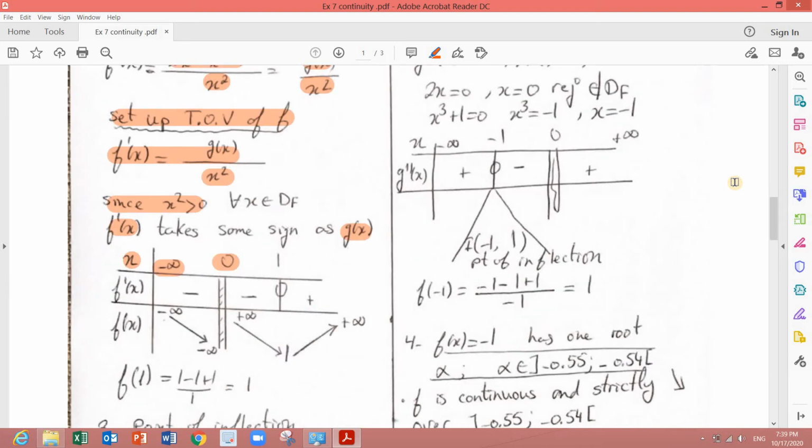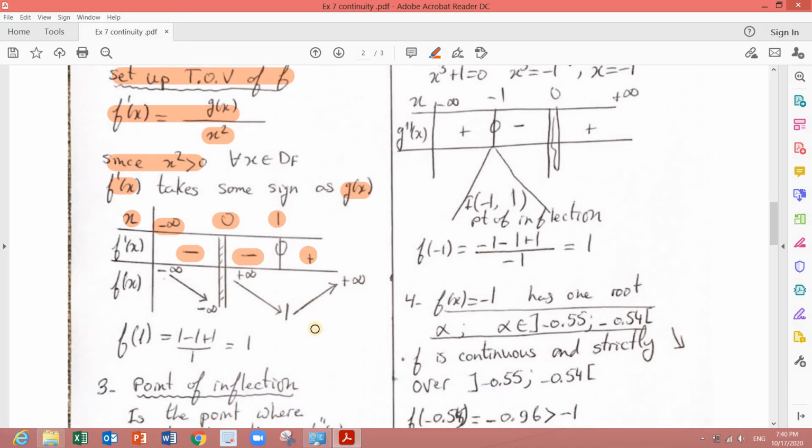So in this table of variation, I have to add 1, since f prime and g x have the same sign. So before 1 it is negative, and after 1 f prime x is positive: negative, decreasing, then positive, increasing.